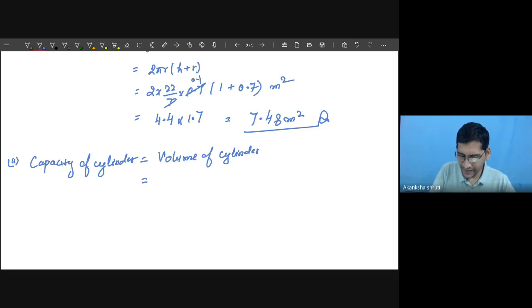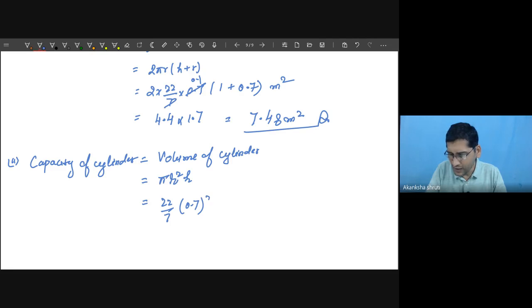So it is obtained by base area pi r square and then h. Be careful, students. It is 22 by 7 and r is 0.7 square into height 1. Students, 0.7 means meter we have taken. So it becomes meter square and 1 meter. So total volume is given in meter cube.